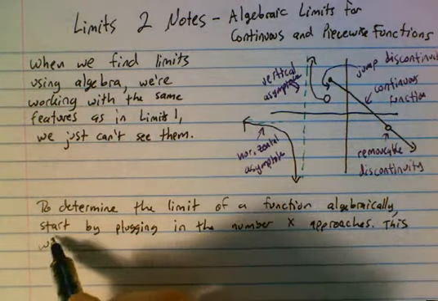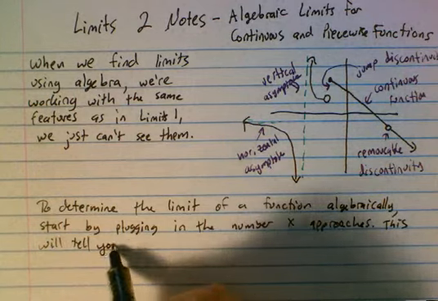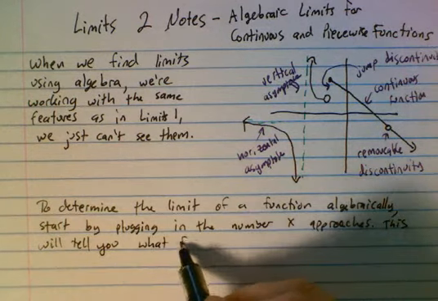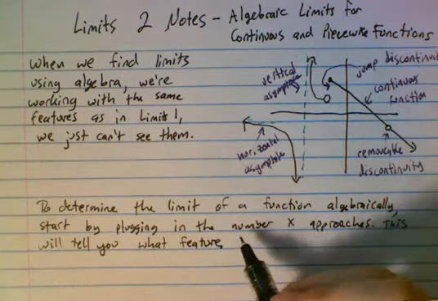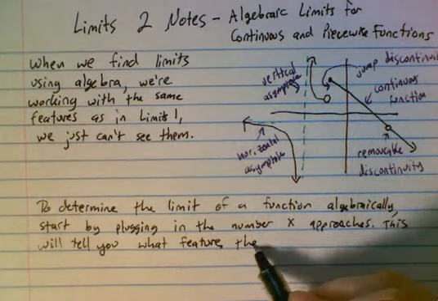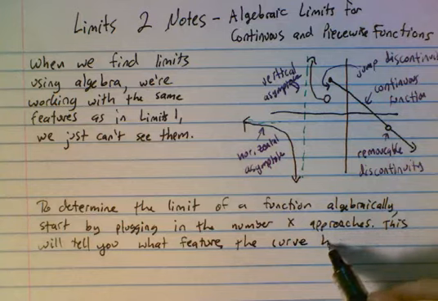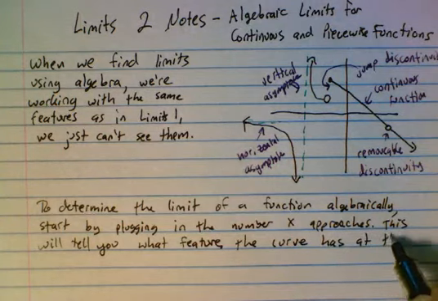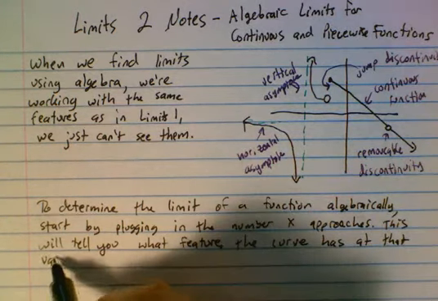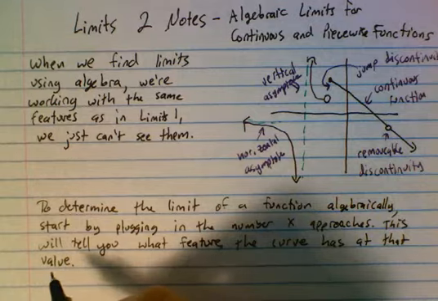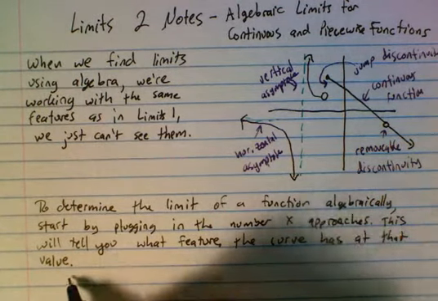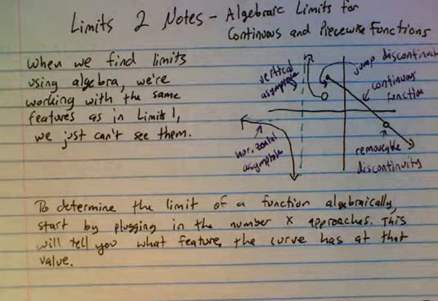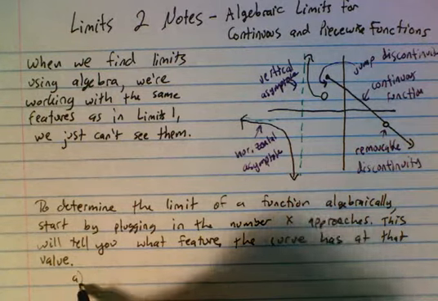This will tell you what feature, and by that I mean vertical asymptote, jump discontinuity, so on and so forth, the curve has at that value. So when we plug in our number, I'm just going to go through the list of what the results tell us about what we have, and then I'll go through some examples.